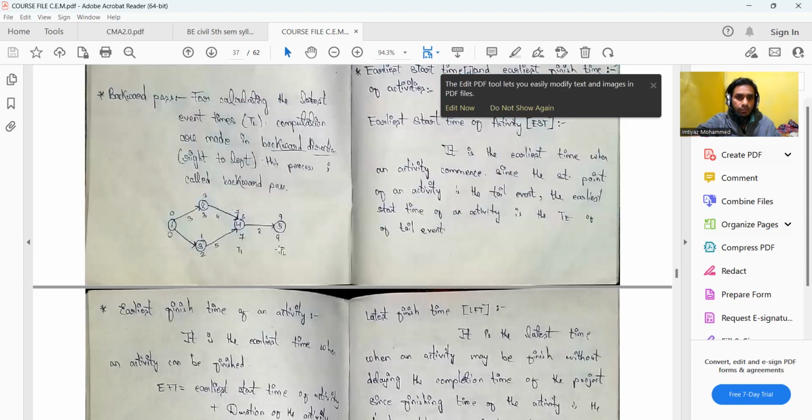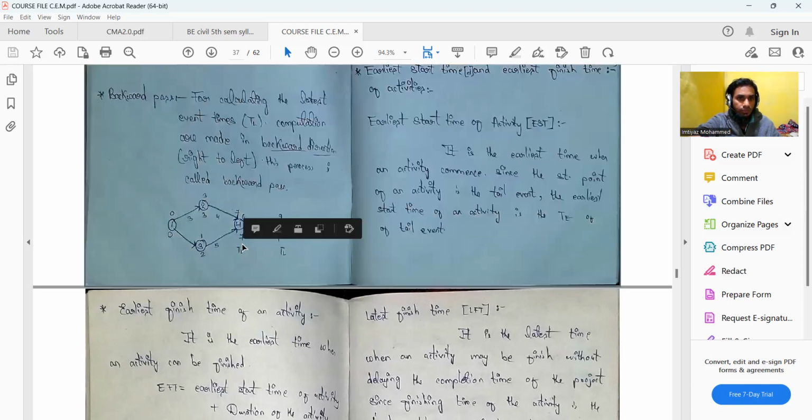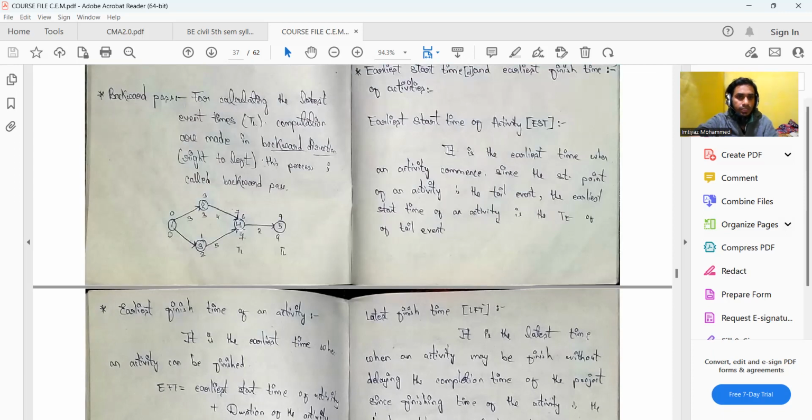Then we write TL as 9, which is written at the bottom, same as TE for node 5. Then we move in the backward direction: 9 minus 2 is equal to 7, and that's how you get the value of TL for node 4. Then 7 minus 5 is equal to 2, and thus I get the value of TL for node 3. So this is known as the backward pass.